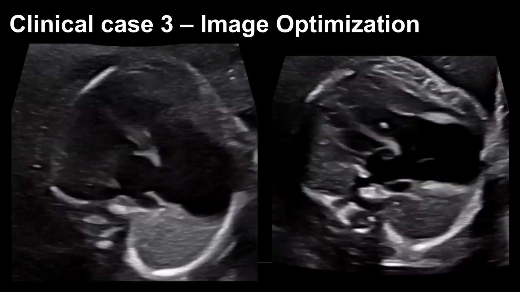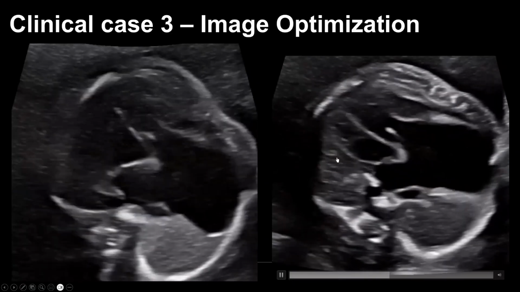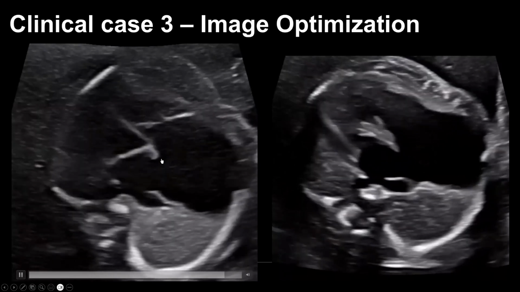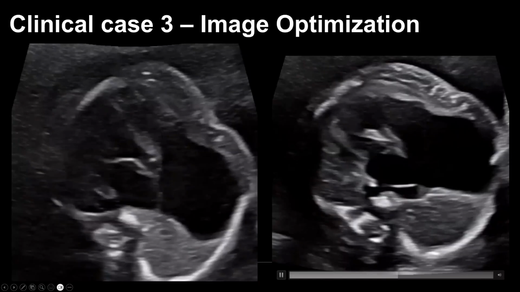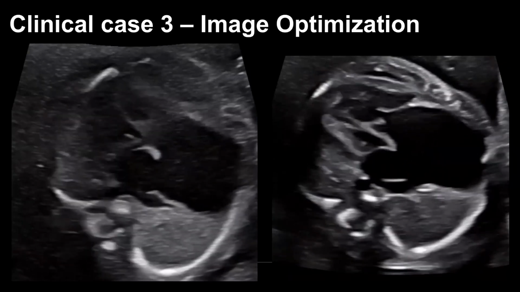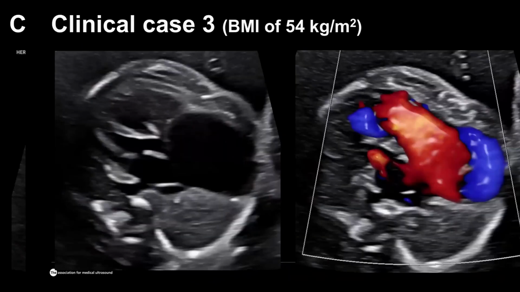So this all can help to make the visualization much better. And I hope you can see the significant difference between these two images, and baby didn't change the position. So this is solely just the image optimization and application of those modern techniques.